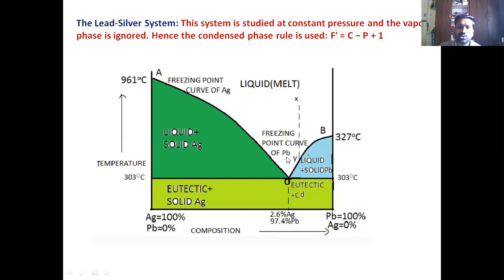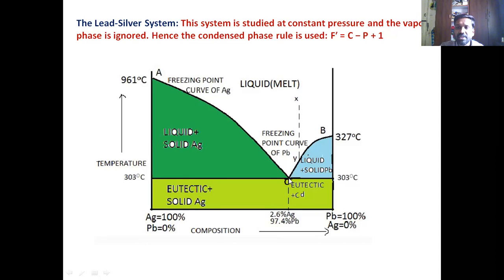Of course, this phase you can take as liquid phase. But when you come here, it is not a solid phase containing components. It is again a heterogeneous phase, right? This is having liquid plus solid sulfur and solid Ag. And here it's again a heterogeneous phase, liquid plus solid Pb. Therefore, this is not called a triple point. It is simply called a eutectic point.